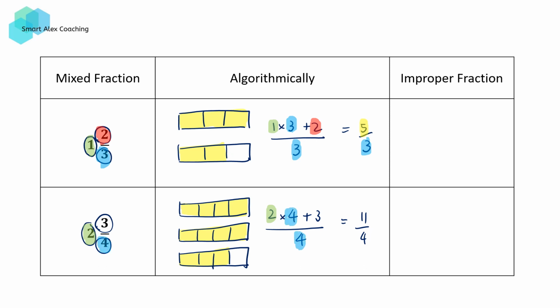And the 3 comes from the fractional part. And that's how we get our final answer of 11/4. So here we can write 1 2/3 is the same as 5/3. 2 3/4 is the same as 11/4.